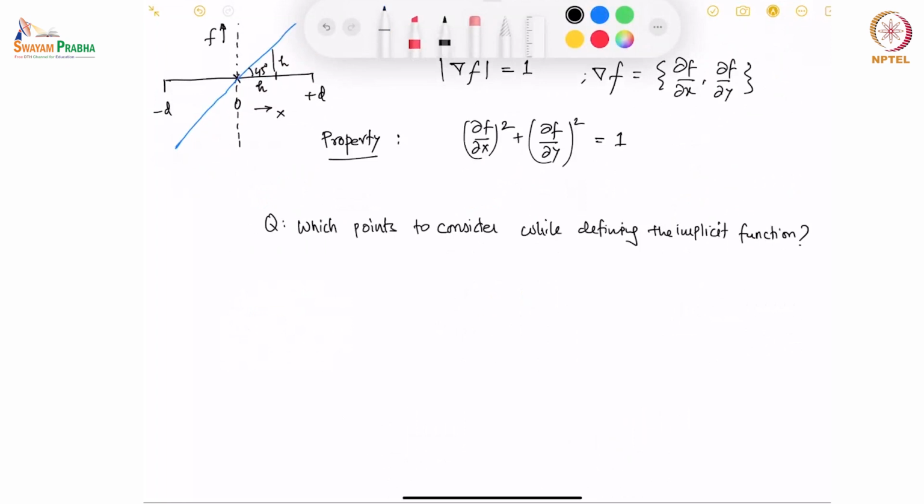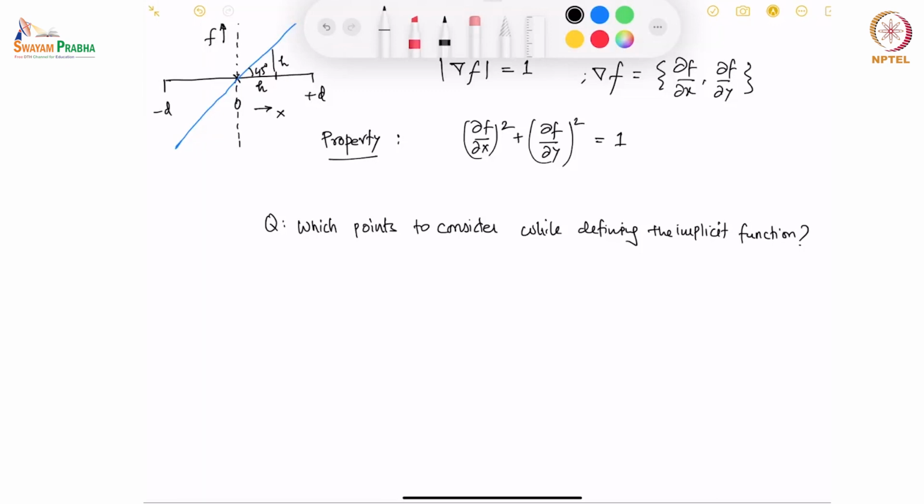Can somebody suggest? I am in a space, and let me come back to the original problem. I'm feeling very sweaty here. I'm very hot here. I want to turn on my AC and sit at 20 degrees Celsius, and I'm going to define this as an implicit function, find out, take a level set.